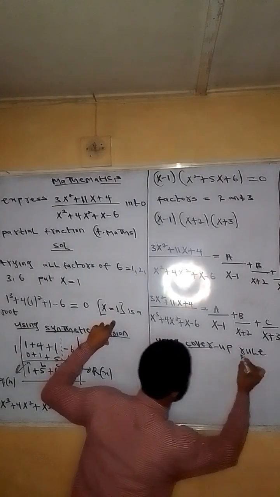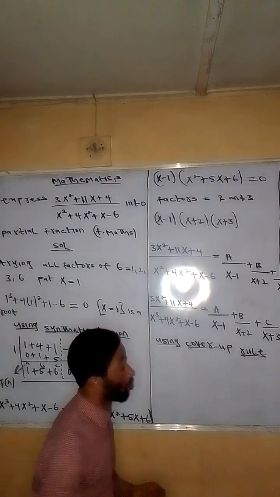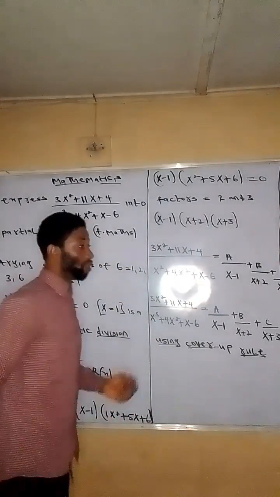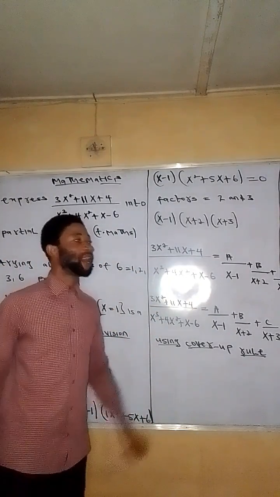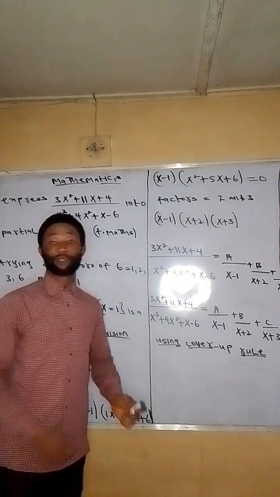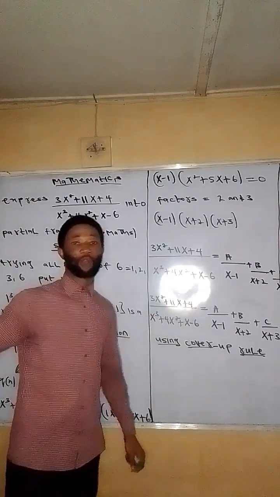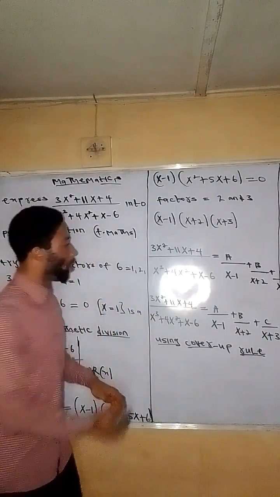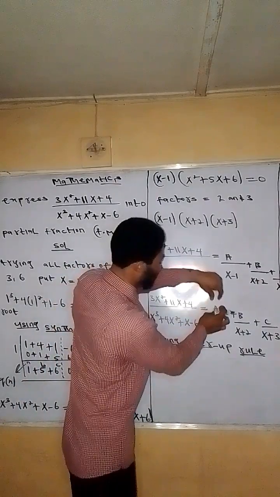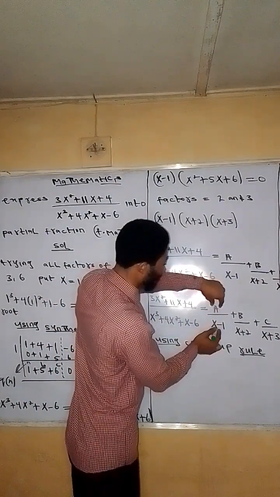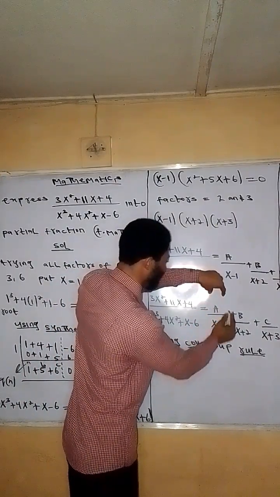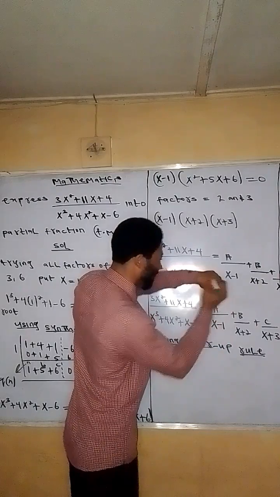Using the cover-up rule. What is the cover-up rule telling us? It is telling us that when a particular expression has been broken down into its linear factors, all we need to do to get each of the constants is this. Let me assume that I want to get the value of a. I will assume that everything on a is dead to me.